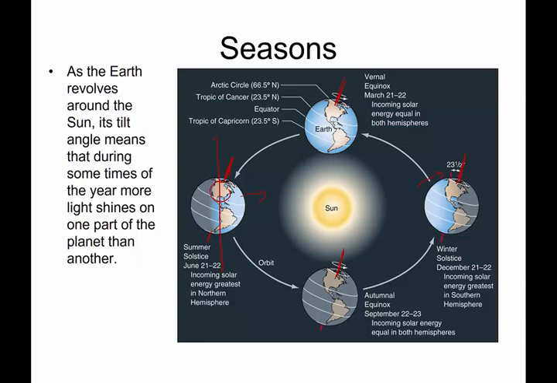When the Earth is tilted towards the sun, we get more direct heating and more direct sunlight. And when we are tilted away from the sun, the same amount of light from the sun is spread out over a much larger area. And we'll talk more about that in just a second. But basically it means we get more heat in our summer and less heat in our winter.